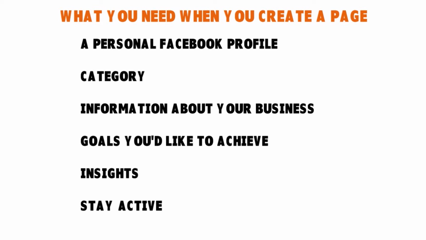You want to have this information ready to go when you create your page, because once the Facebook algorithm starts disseminating your page within the platform, you don't want people to come and just go. You don't want to have a high bounce rate. You want people to come, be captivated, and spend time on your page.